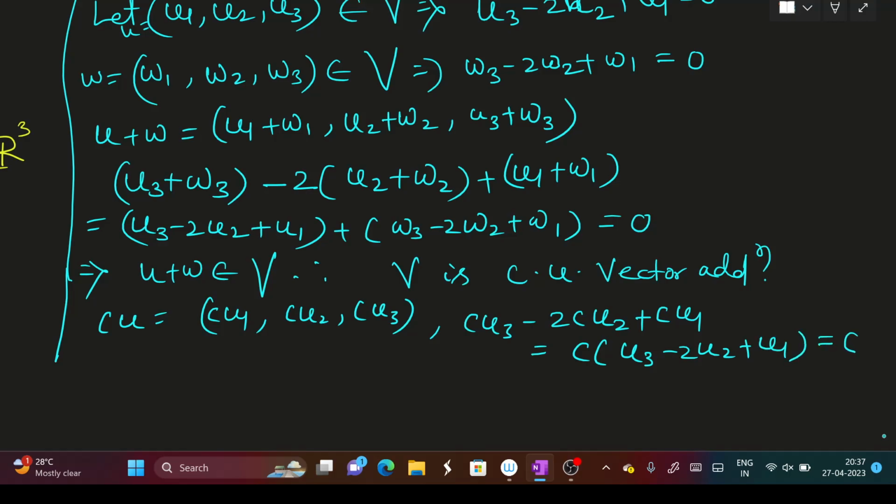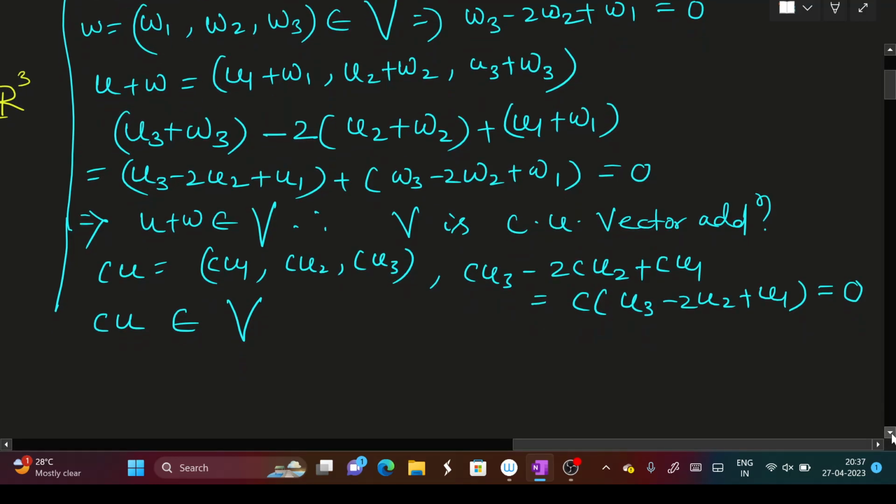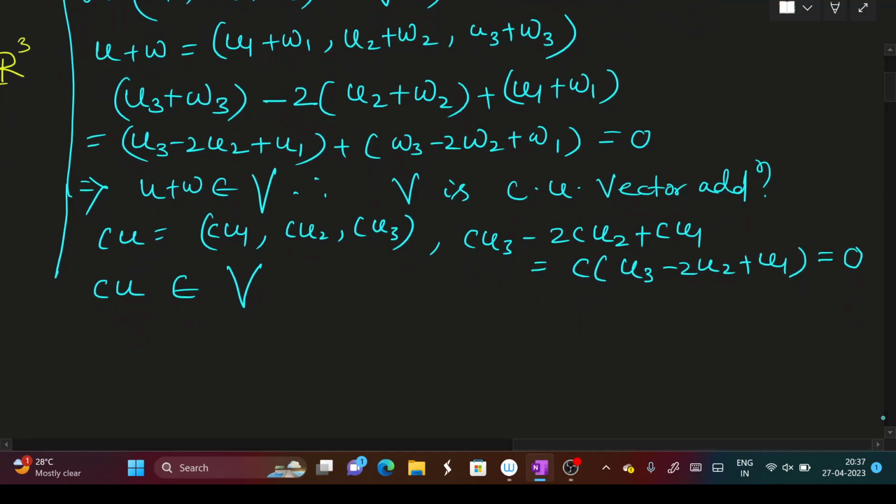So C into 0 is 0. So again this given condition is satisfied by C U. That implies C U belongs to V. As U is an arbitrary vector of V and C is an arbitrary constant, V is closed under scalar multiplication.